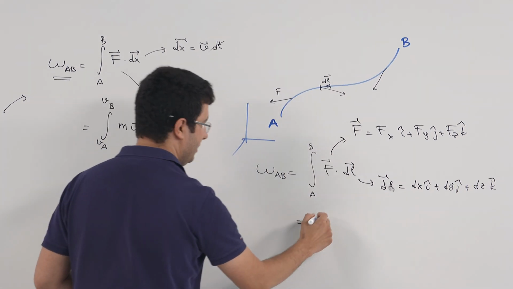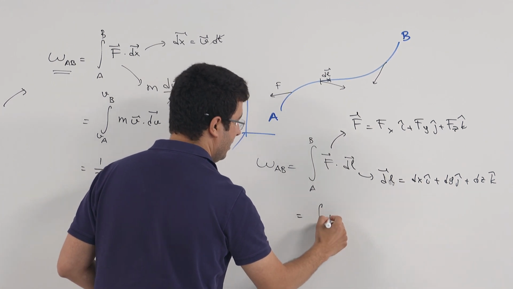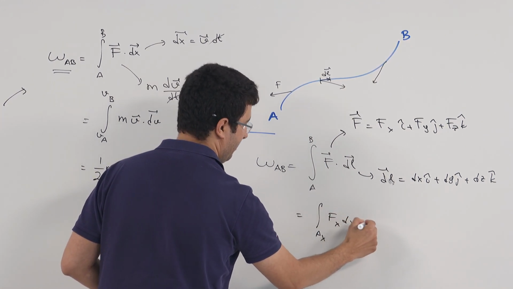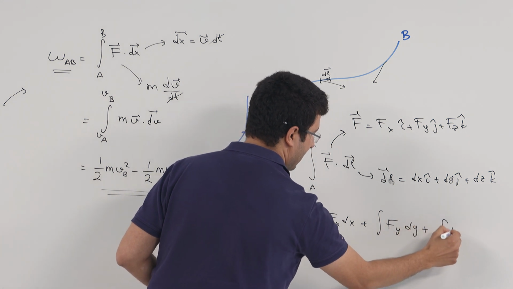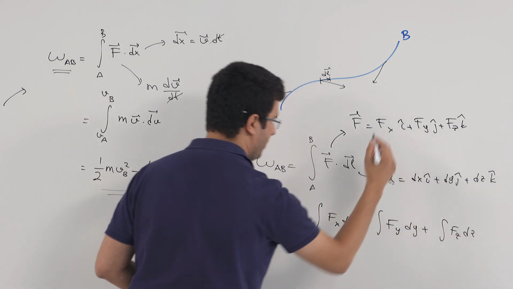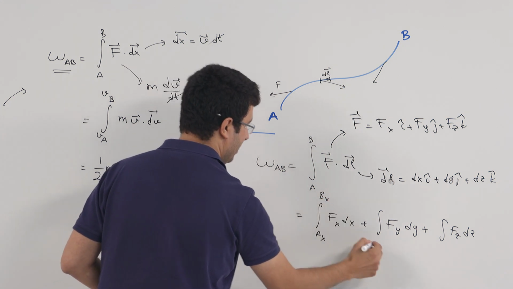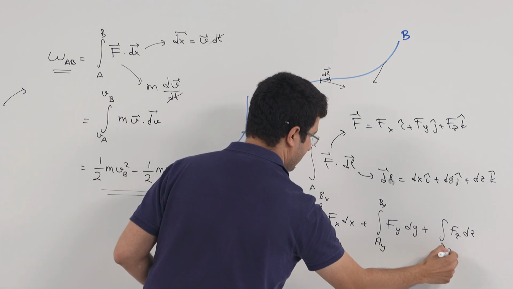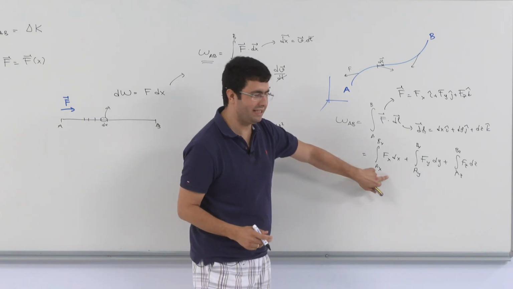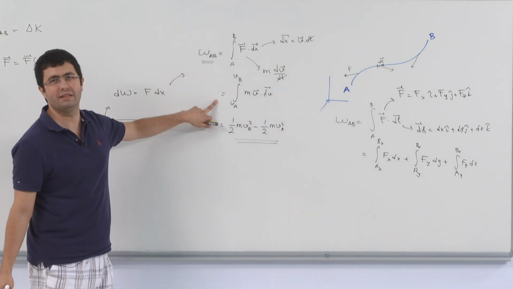And if I plug it in, what I get is the integral of Fx dx plus Fy dy plus Fz dz. It's just a dot product. The boundaries are then ax to bx, ay to by, and az to bz. So this is the integral that I just evaluated.